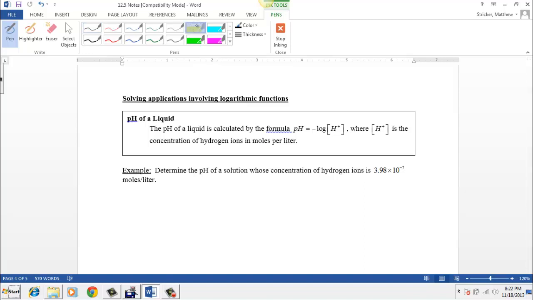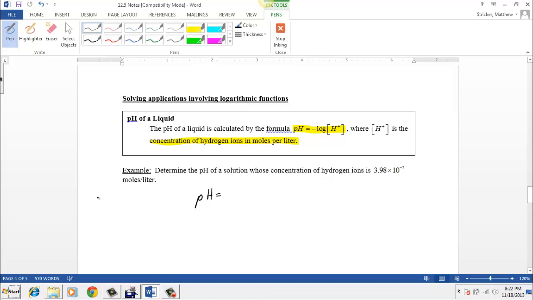And we have some formula here for calculating pH. It says the pH of a liquid is calculated by the formula pH equals negative log of H+, where H+ is the concentration of hydrogen ions in moles per liter. So this is very simply just calculated.